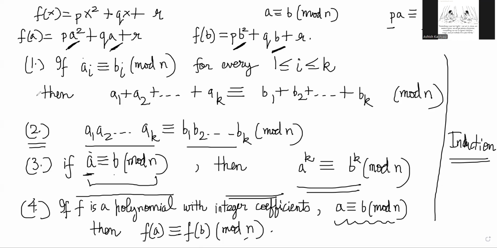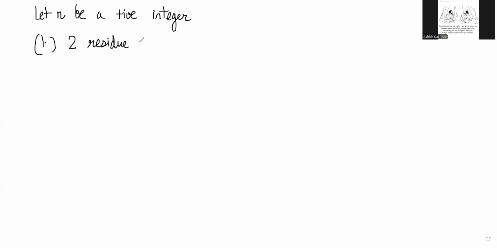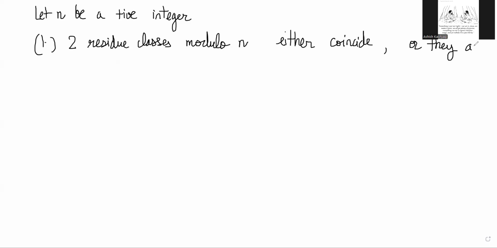Okay. Then two final points of theory before we discuss some questions. So let n be a positive integer. First point is two residue classes modulo n either coincide or they are disjoint.